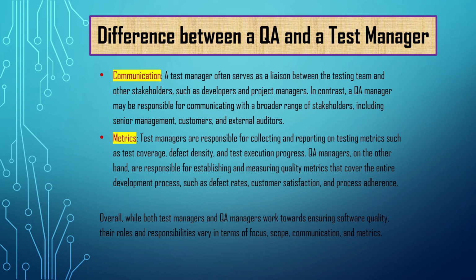They have the big pie charts that cover the entire development process. They will not only talk about a particular testing phase, they will talk about the overall improvement, overall client expectation in terms of quality and everything. So they focus on customer satisfaction and process adherence.